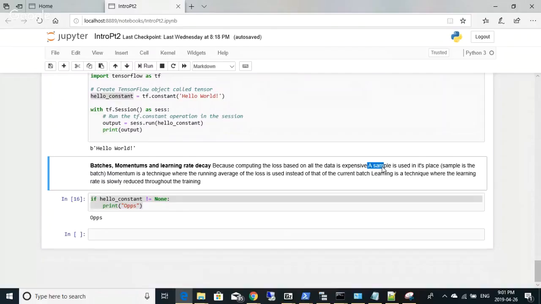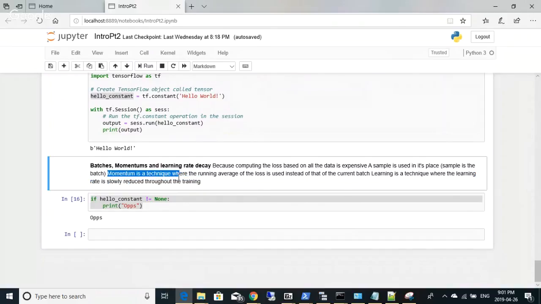One way to calculate efficiently is to use a sample instead. This sample is known as a batch. For example, with a batch of 10, it takes 10 out of your thousands of samples. I believe a recommendation from an interview Lex did with, I forgot who it was, was batches no larger than 60.